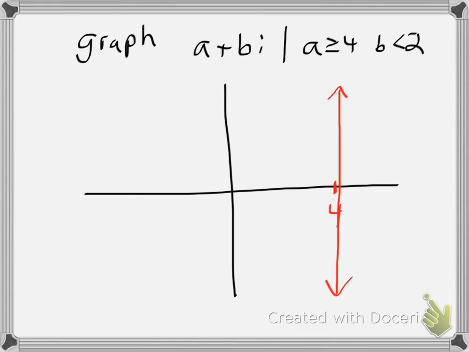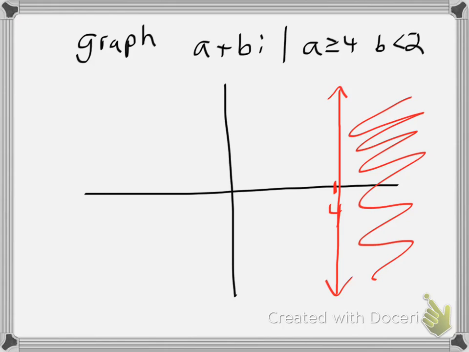Now, because it's greater than or equal to, we need to think which side corresponds to all values greater than or equal to 4, and that's going to be the right side. So over here. B is less than 2, B being on my vertical axis or my imaginary axis, I'll find 2.